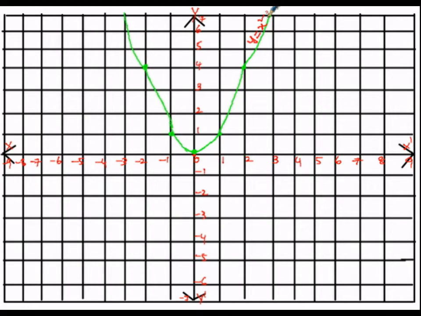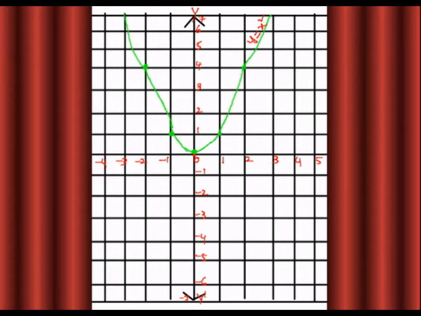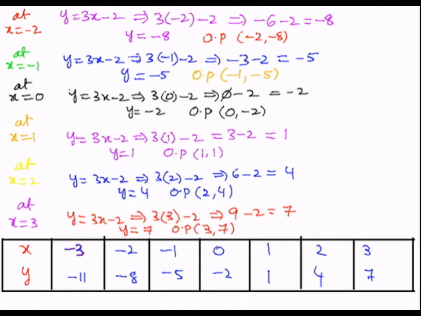Later, in the next case we are going to plot the graph of x square minus 3x plus 2 equals to 0. Here -3, -11 we can avoid. -2, -8 is not available in the graph, so we can avoid these two.